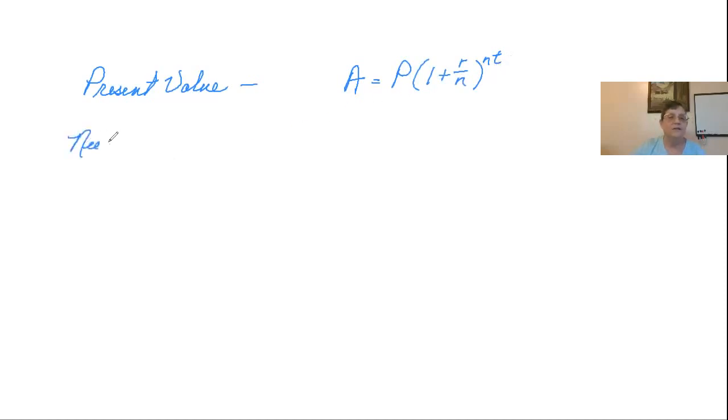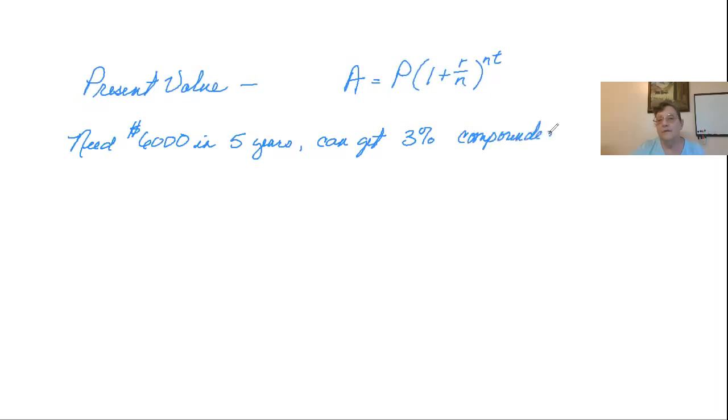So if we need to have $6,000 in 5 years, and we can get 3% interest rate, I don't know, let's say compounded monthly.